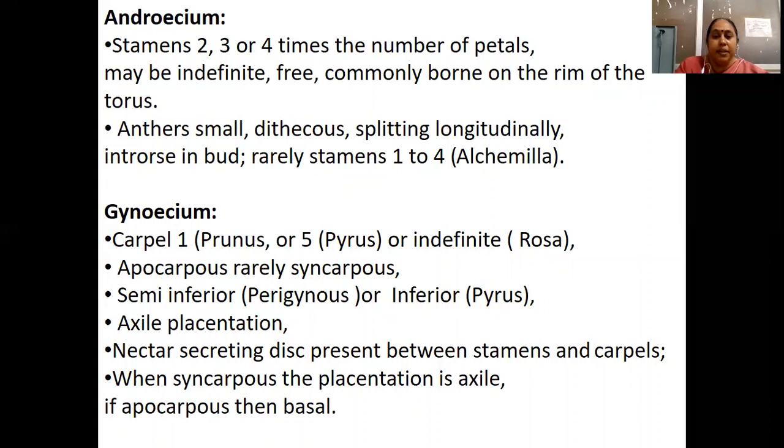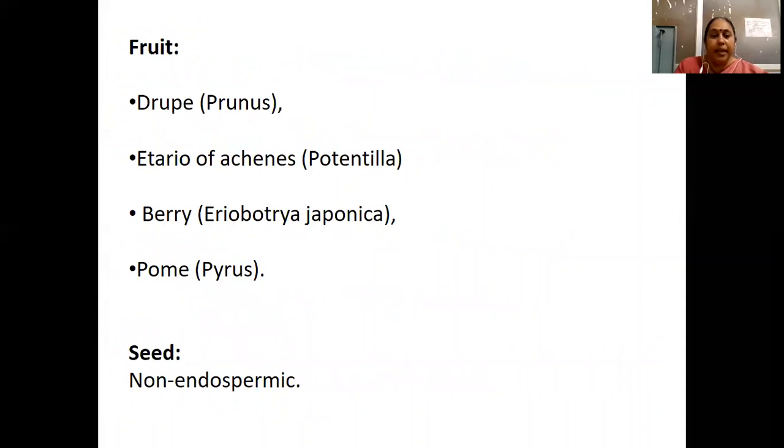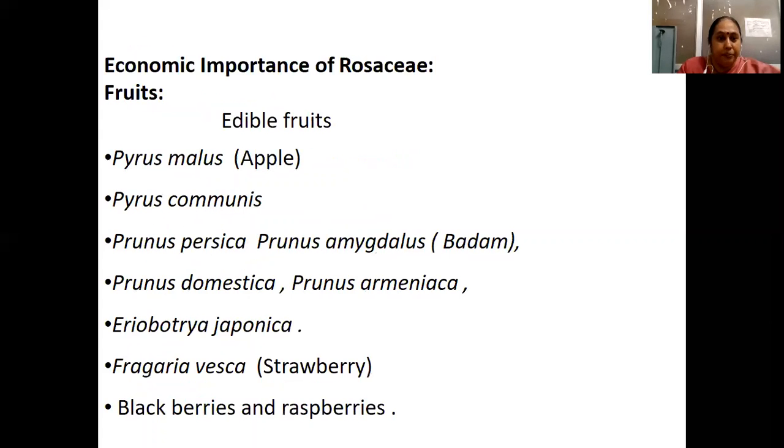When syncarpous, the placentation is axile. If apocarpous, then basal. Coming to the fruits. Fruits may be drupe, as in Prunus, or an etaerio of achenes, as in Potentilla, or berry in case of Eriobotrya japonica, pome in case of Pyrus, and seeds are non-endospermic.